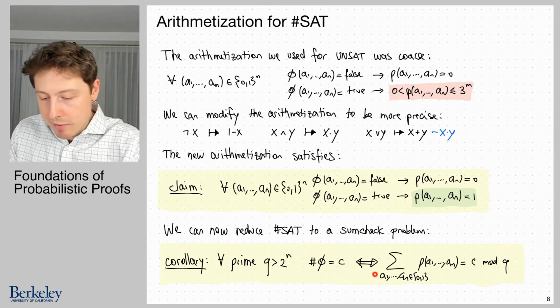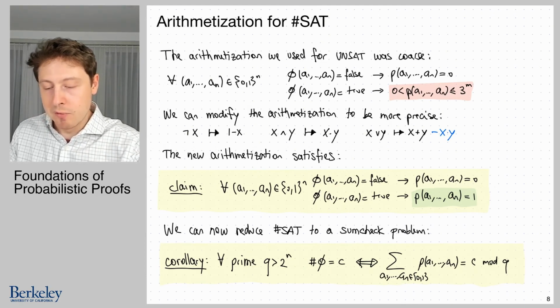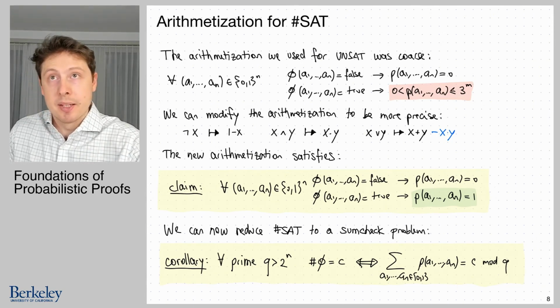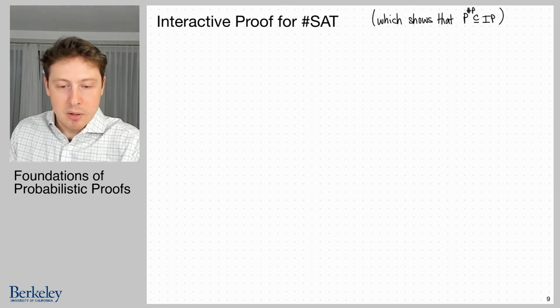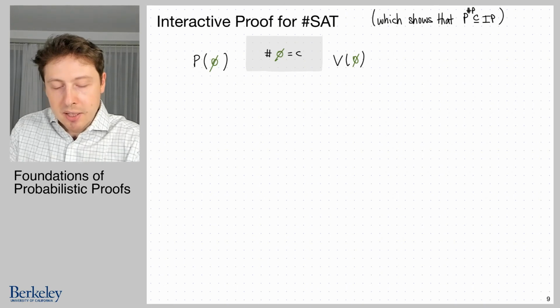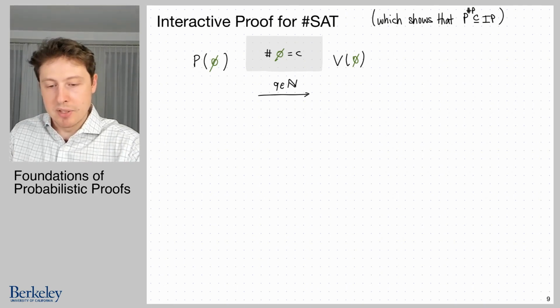Okay, so now we have arithmetized the problem of counting the number of satisfying assignments for a Boolean formula. But look, we already have the sumcheck, and this problem already falls under something that the sumcheck can handle. So we come back here and we say, all right. If we want to design an interactive proof for this problem, then again we ask the prover to send a prime.